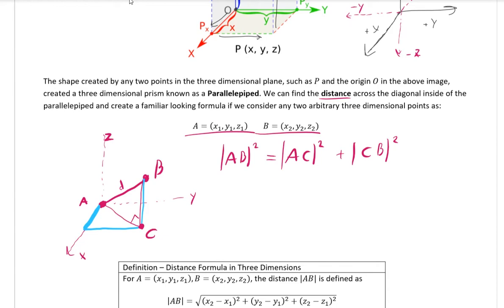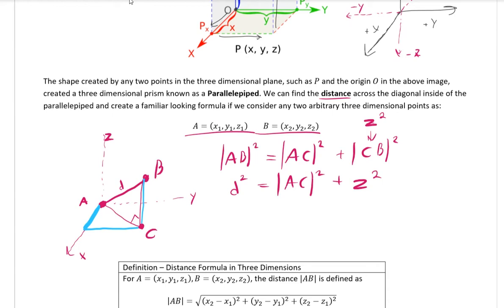Now, A and C we're not exactly sure about, but C and B, this is just the distance in Z. So this is the same as just Z squared. So far we have AB, which is the distance we want, is equal to AC squared plus Z squared. Because C and B is simply traveling in the one direction Z. There's no other change in X or Y.